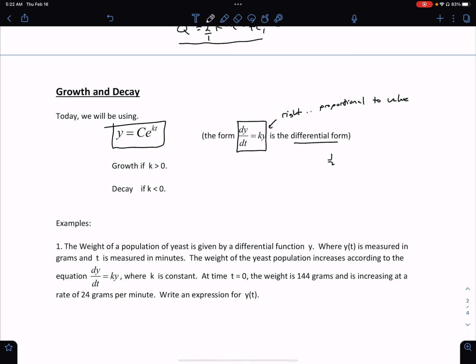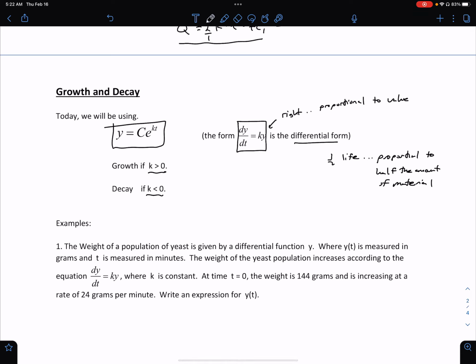In half-life, we are saying we are proportional to half the amount of material. And we talked about this in pre-cal and in your science courses. Now, if k is positive, we have growth, and if k is negative, we have decay.